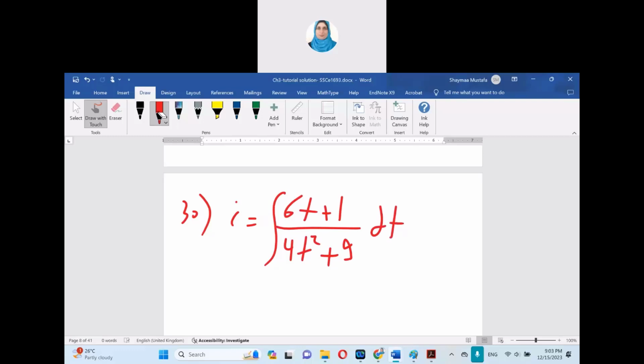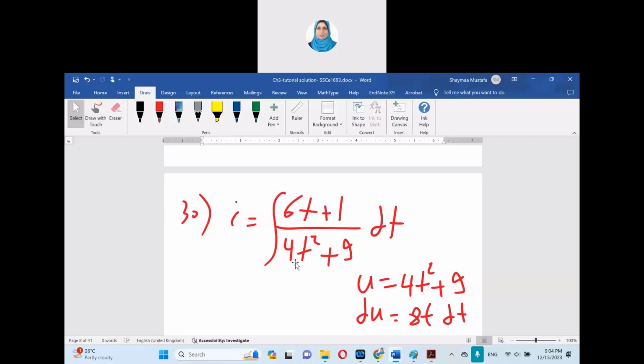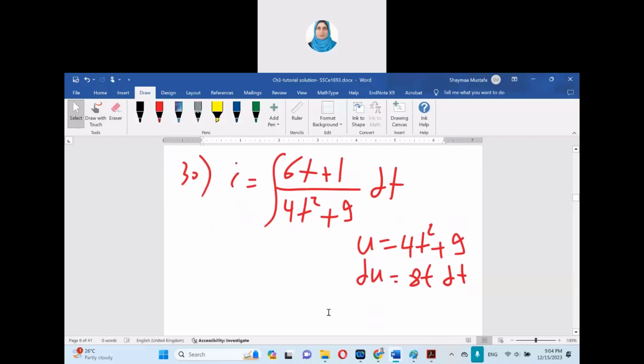First, you need to integrate. Here you can use the substitution method. Take u equal to 4t² + 9. Then du is 8t dt. But before going for substitution, I have to separate this integration.